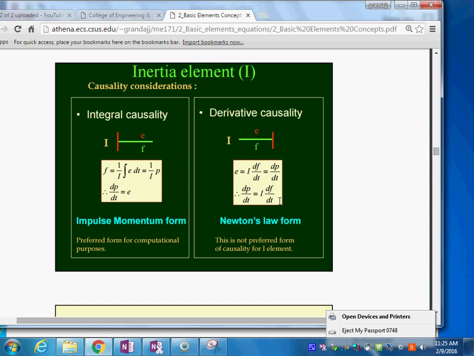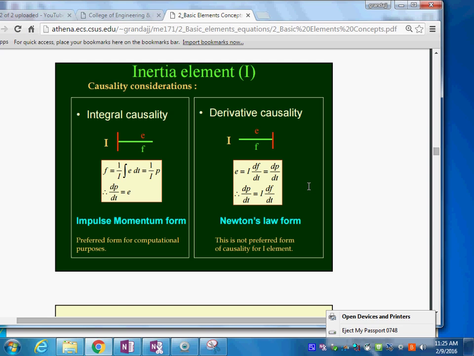We can represent it in block diagram form, and that is 1 over L times 1 over S equals F. This is basically translating this equation. Okay, that's the element.